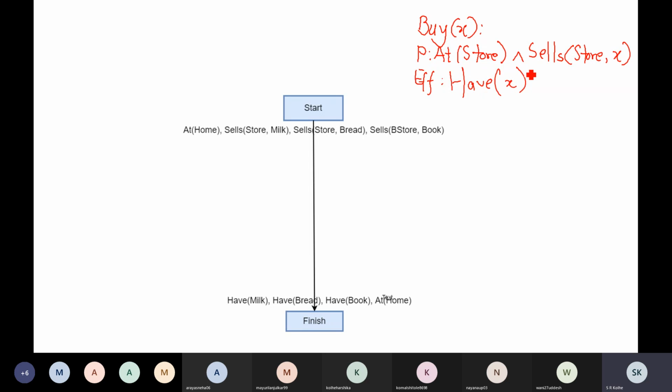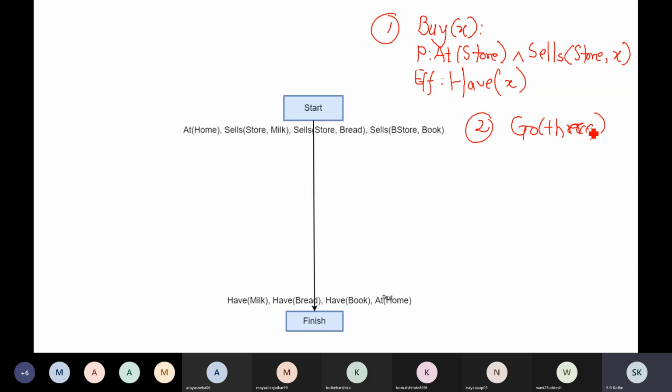Right? Correct. Now this is one action that is available with us, and the second action available with us is go. Because how will you go? The robot will move from one place to the other place. So go there, suppose.